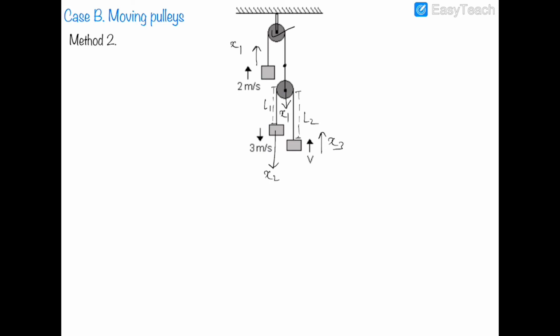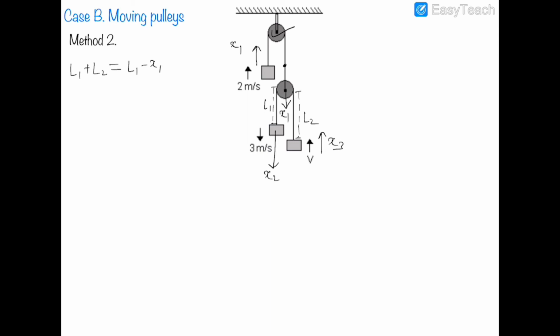Now we know that due to movement of x2 and x3, the total length of this rope, L1 plus L2, will remain the same, and we are using this fact that L1 plus L2 is equal to, now we can see that if only this pulley moves downward by a distance of x1, then this length L1 will decrease by x1, and the new length will be L1 minus x1.